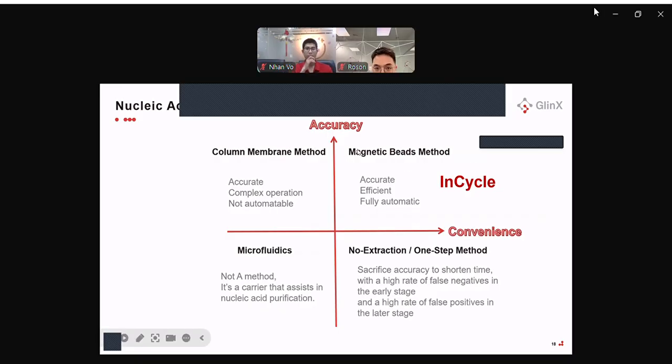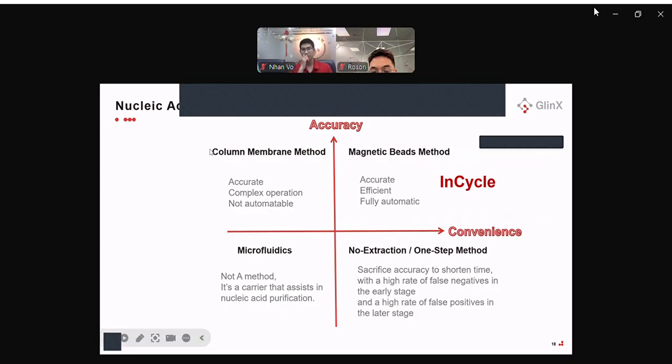So the magnetic beads method for nucleic acids extraction is the best solution to design a machine for the in vitro diagnostic market, because we need to be clear about the application scenario of each kind of method.